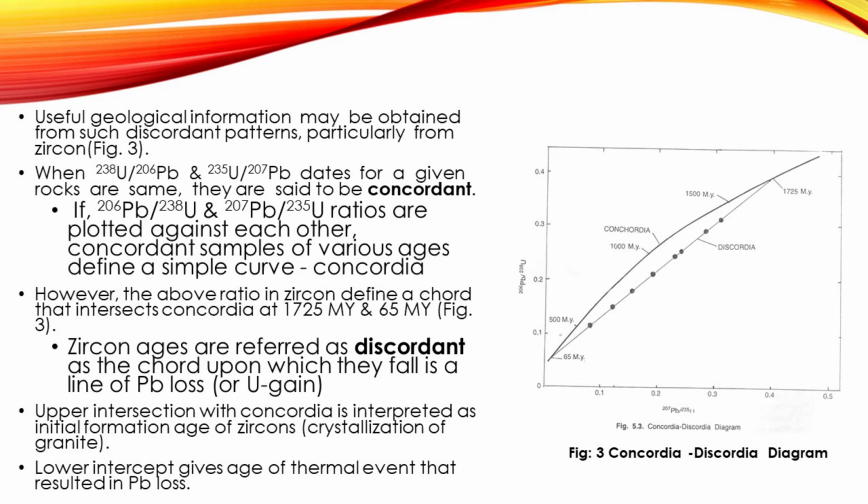However, the above mentioned ratios in zircon define a chord that intersects concordia at 1725 million years at the upper part and 65 million years at the lower part, as shown in the figure. The zircon samples are referred to here as discordant, as the chord upon which they fall is a line of lead loss or uranium gain.